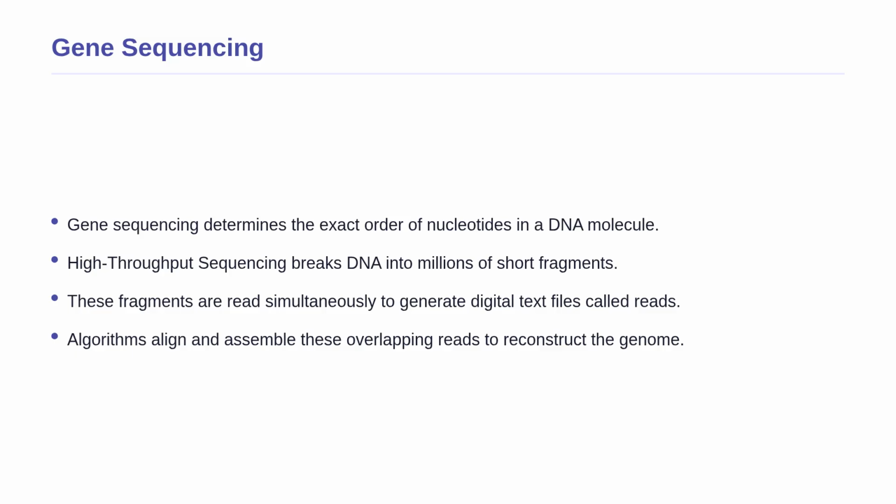Instead, they randomly break the DNA into millions of short fragments, read them all simultaneously, and generate massive digital text files containing these short sequences called reads. Computational biologists then use complex algorithms to align and assemble these short reads by finding overlapping regions, ultimately reconstructing the original, complete genome.